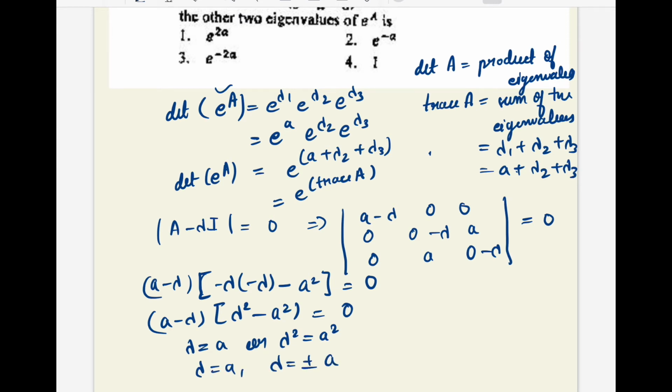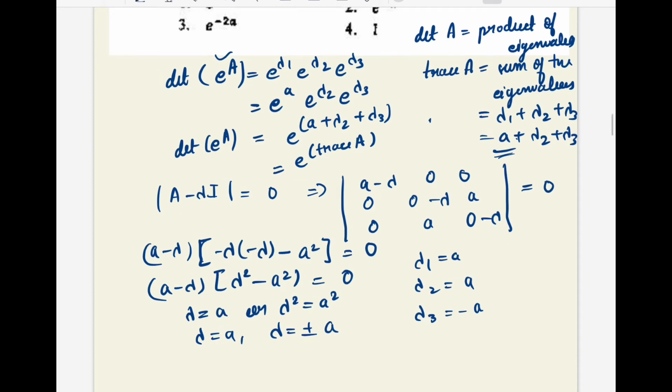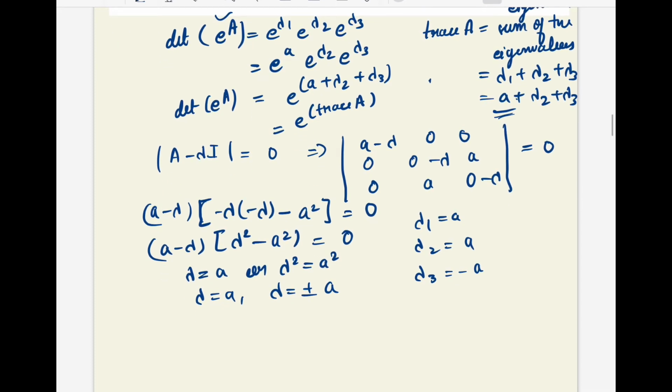So we have three eigenvalues: lambda 1 equals a, lambda 2 equals a, lambda 3 equals minus a. So we know already one eigenvalue is a, and the other two are a and minus a. So we will put in the trace of A. Trace of A is a plus lambda 2 plus lambda 3.